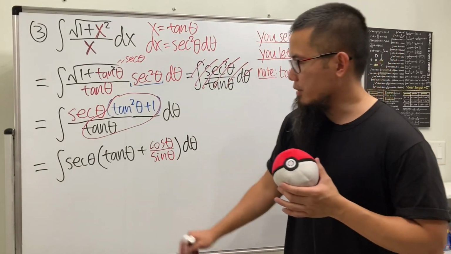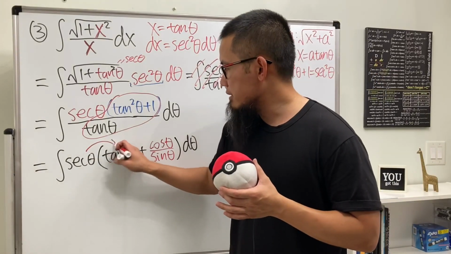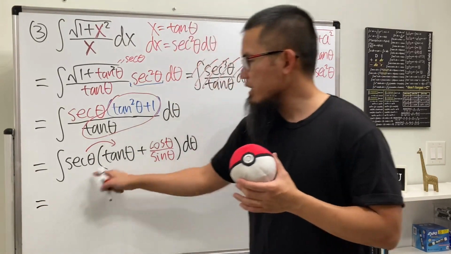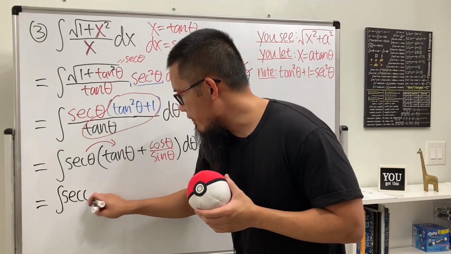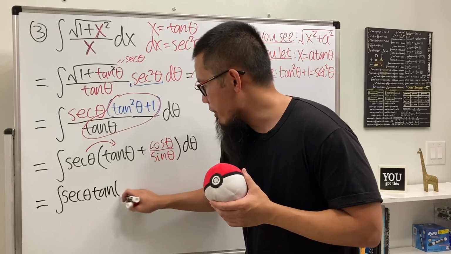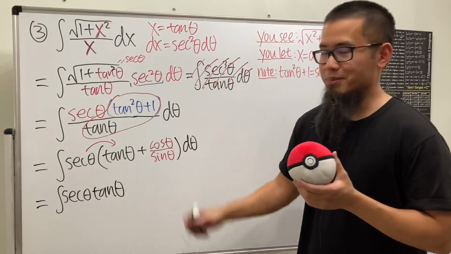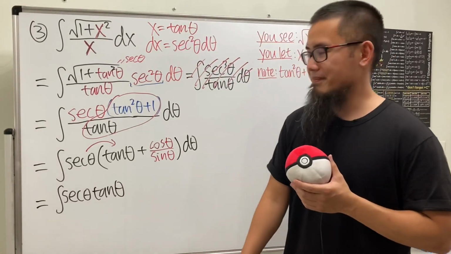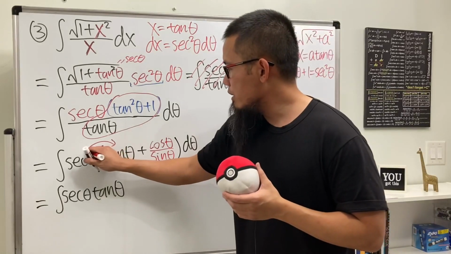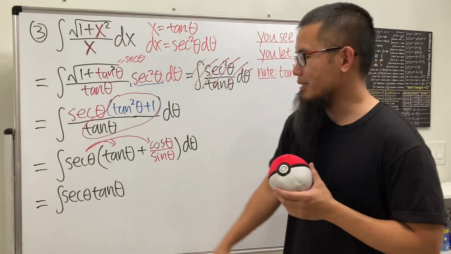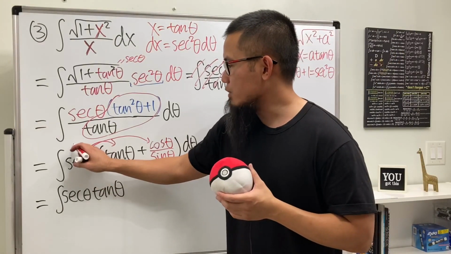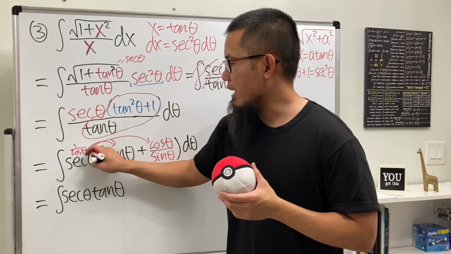Okay, here is the deal. I'm going to multiply this in, and we see that the first part is actually nice because we can integrate secant theta times tangent theta with ease because the answer is just secant theta. But when we multiply this and that, well, we actually have to recognize that secant theta is the same as 1 over cosine theta.